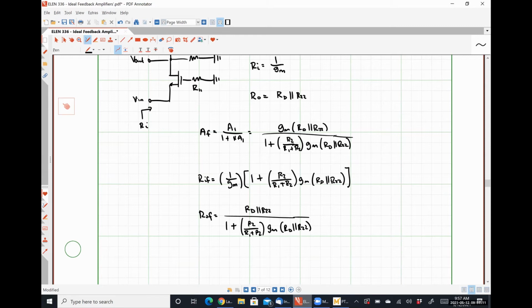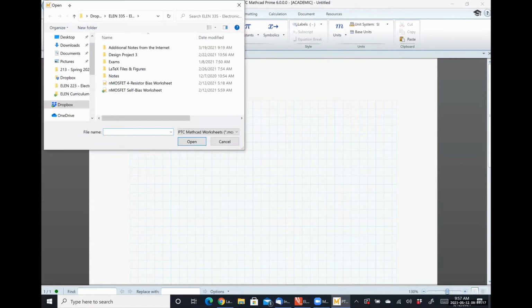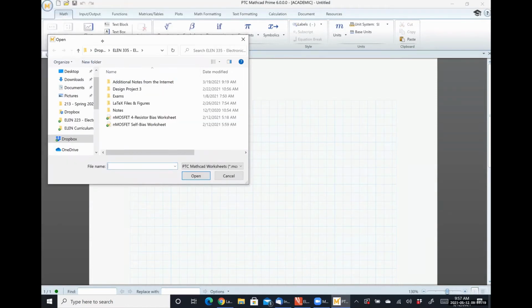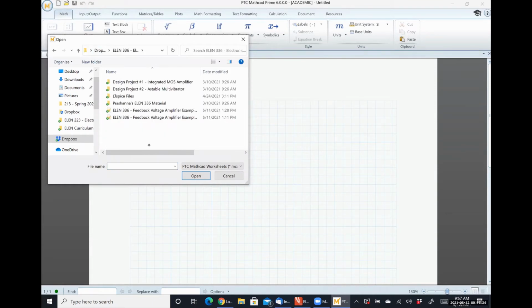Power cable was bending it at a slight angle. Let's open up some stuff. Let's see, Dropbox 336. I can't see. I feel like that's the first one.